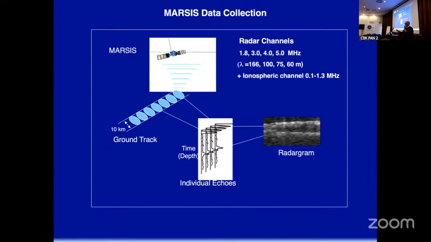It depends on how the radar is working. And we show what we call the radargram. This is fast time, and this is slow time, which means that the satellite is moving on the orbit and taking the data, which we present in this form: fast time, slow time.